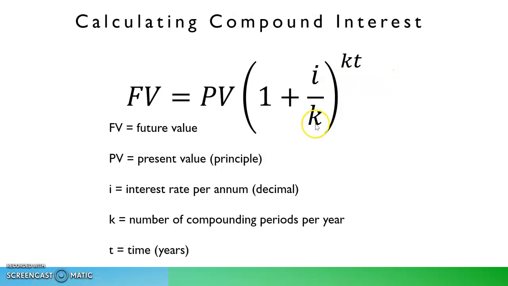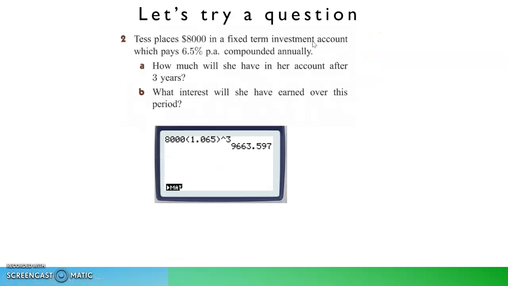So you would use a value of 1 for K. If your interest is compounded quarterly, that means it's compounded 4 times per year, so every 3 months. Then K is going to have a value of 4, okay? Time, as always, stands for the number of years, okay? So same situation. So let's work through this example together.